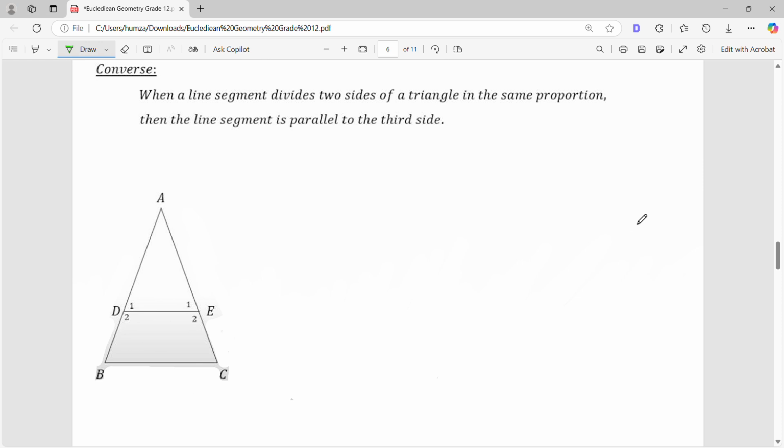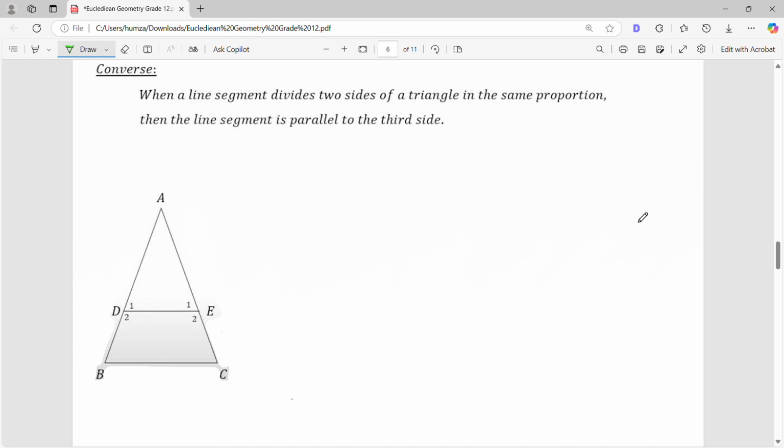The converse says, when a line segment divides two sides of a triangle in the same proportion, then the line segment is parallel to the third side.